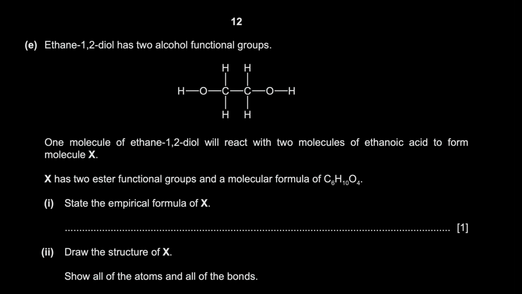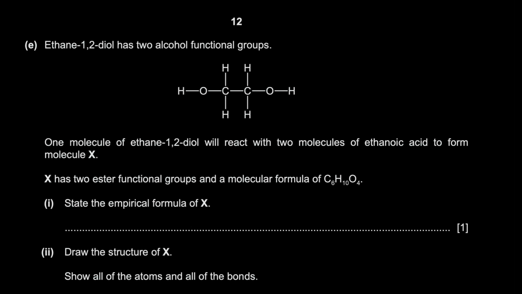One molecule of ethane 1,2-diol. It's a diol because it has 2 OHs, 1 toward the position because it's on the first carbon and the second carbon. You may ask which one's the first carbon, which one's the second carbon. I'm going to tell you, does it really matter? Ethane 1,2-diol will react with 2 molecules of ethanoic acid to form molecule X. X has 2 ester functional groups, and the molecular formula is this.